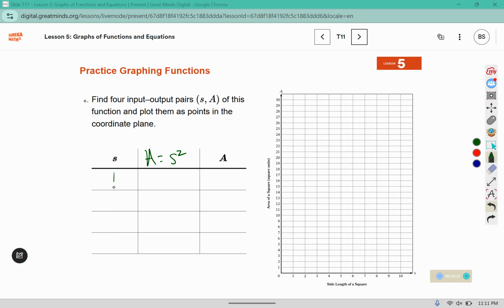So if we had a side length of 1, 1 squared is 1. We had a side length of 3, 3 squared would be 9. We had a side length of 4, 4 squared is 16.